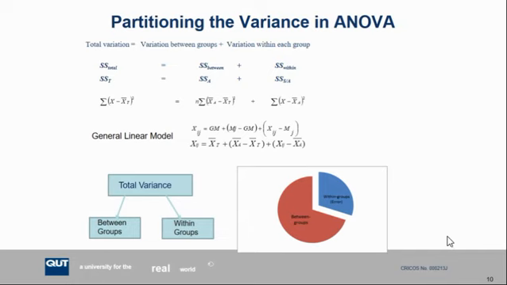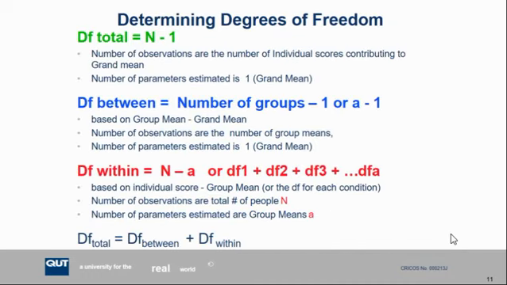Okay, as we know in an ANOVA, to get from our sums of squares to our mean squares that we actually use in our F formula, we need to divide it by the degrees of freedom that are associated with that particular variance measure. So the total degrees of freedom in our experiment is the number of observations minus 1. Yep, that is the number of parameters estimated in our degrees of freedom total is simply the grand mean, so n minus 1.